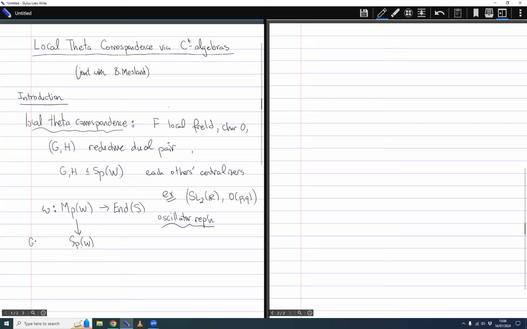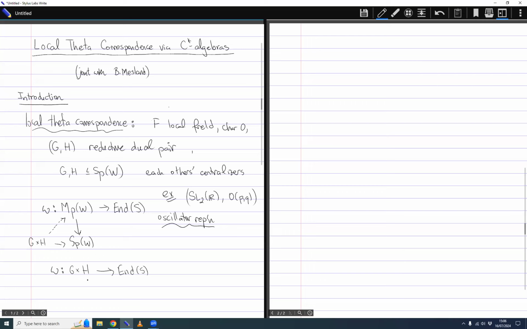And we want our group G cross H. In many cases there is a splitting, studied by Kudla, so that we can pull back the oscillator representation to a representation of G cross H. There is an exceptional situation where G has to be replaced by its double cover.